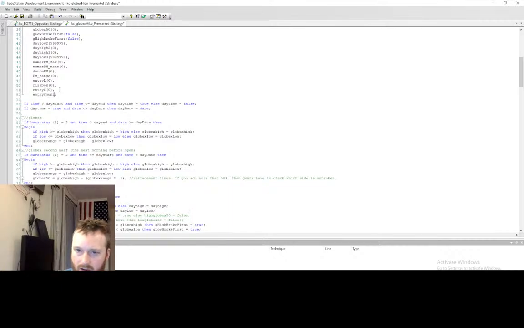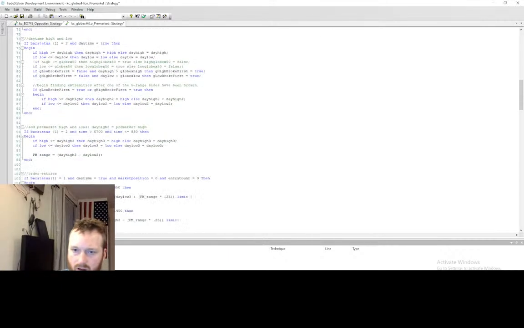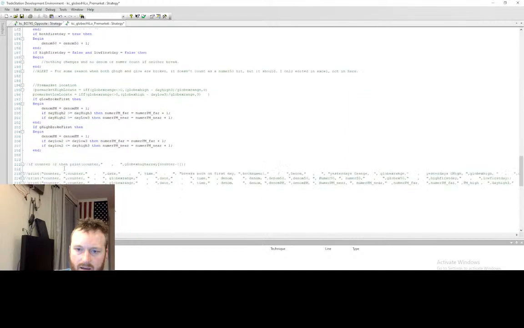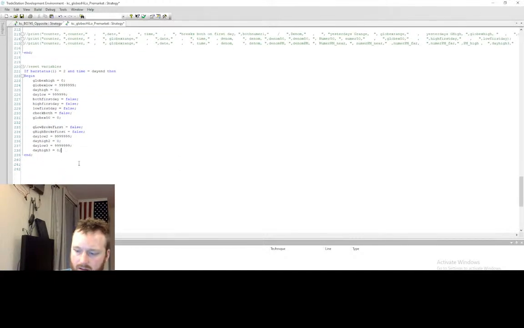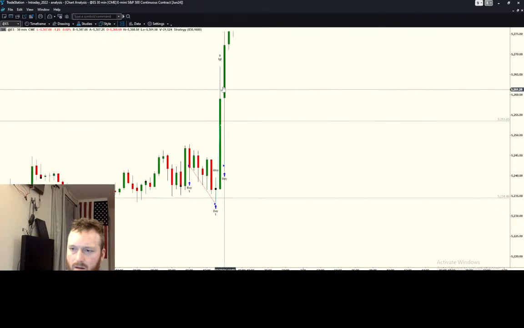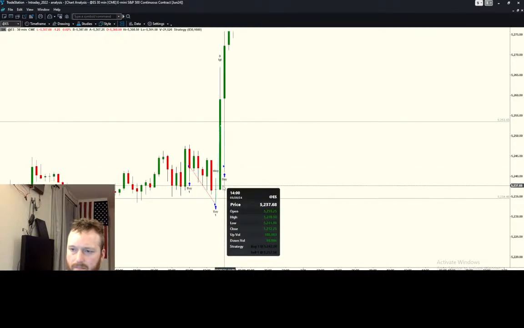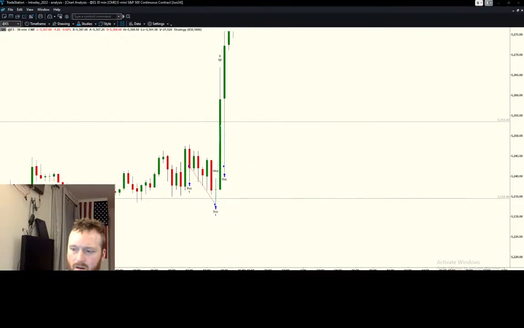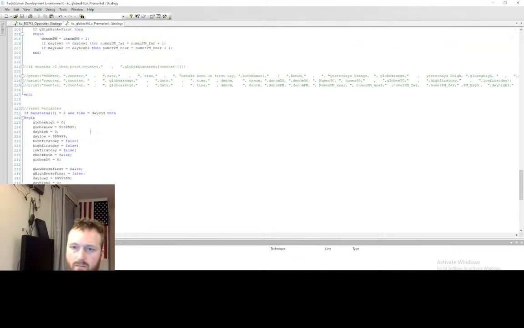And that's how it works. So now at the end of the day, it can reset. You can say, all right, entry count is equal to 0 again. That means we can only trade once per day, so it should disqualify this trade.